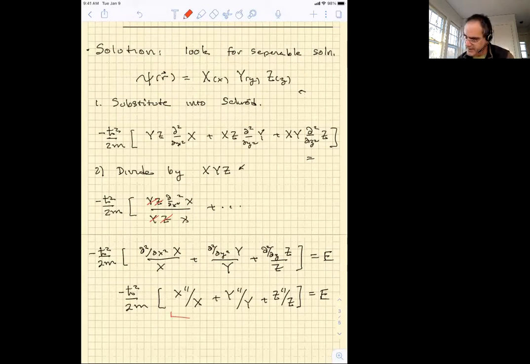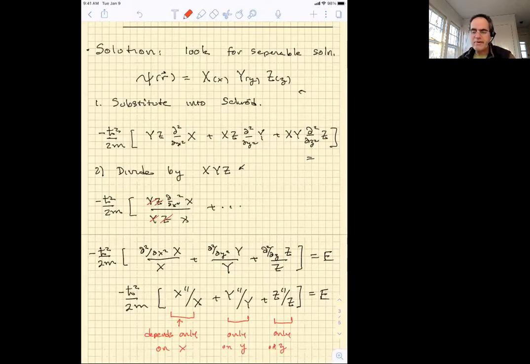This first group, x double prime over x, clearly can only possibly depend on x. Likewise, this one can depend only on y, and the third one, z double prime over z, can only depend on z.